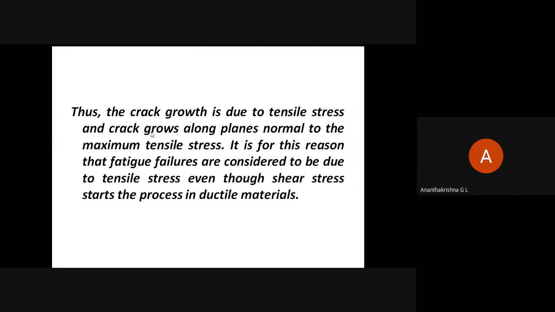So the crack growth is due to tensile stress, because during compressive stress the crack will try to close, thereby arresting the yielding. Therefore crack growth is due to tensile stress, and the crack grows along planes normal to the maximum tensile stress. For this reason fatigue failures are considered to be due to tensile stress. Again, we saw in the previous modules the comparison between mean compression and mean tensile stress and the number of cycles at which they are going to fail.